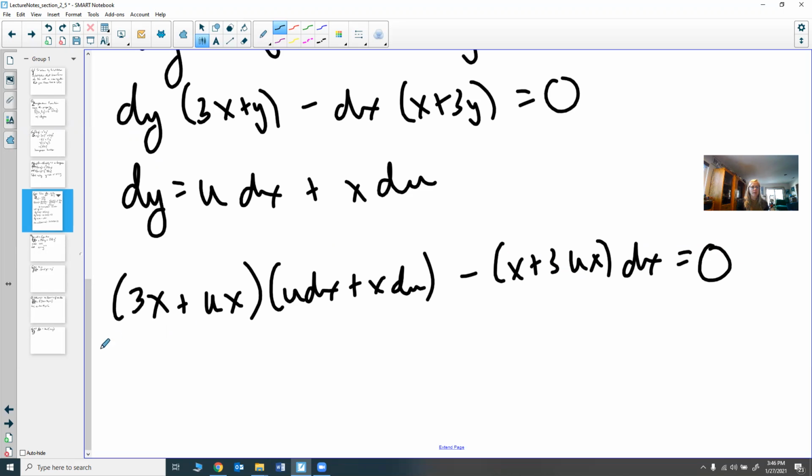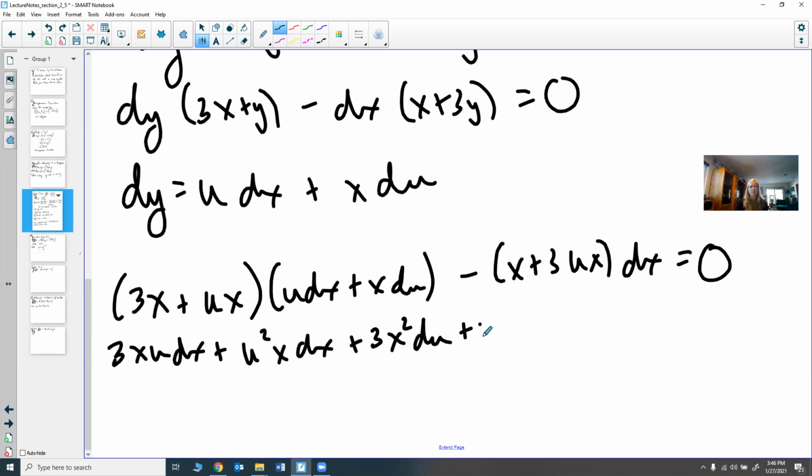Now just go ahead and multiply everything out. We get 3xu dx plus u squared x dx plus 3x squared du plus ux squared du. Then we're going to have minus x dx minus 3ux dx equals 0.